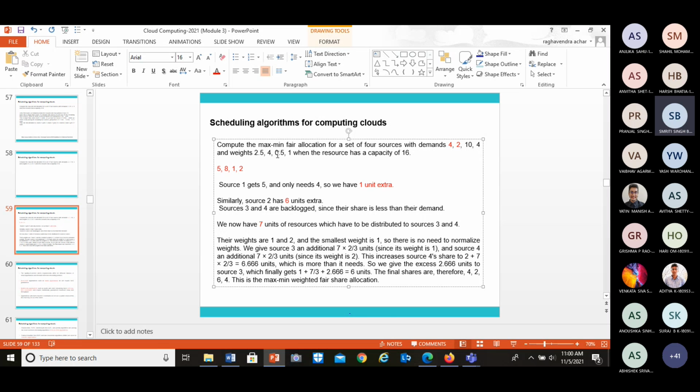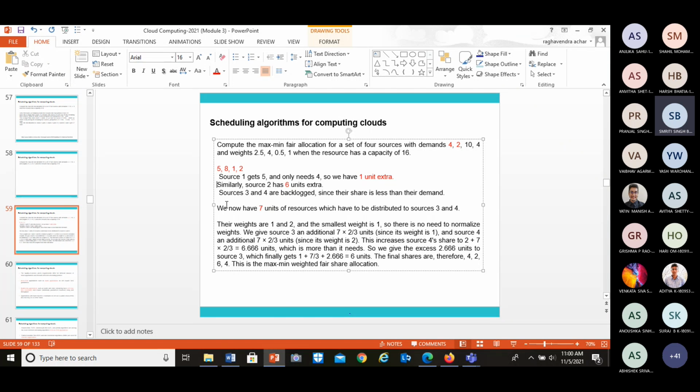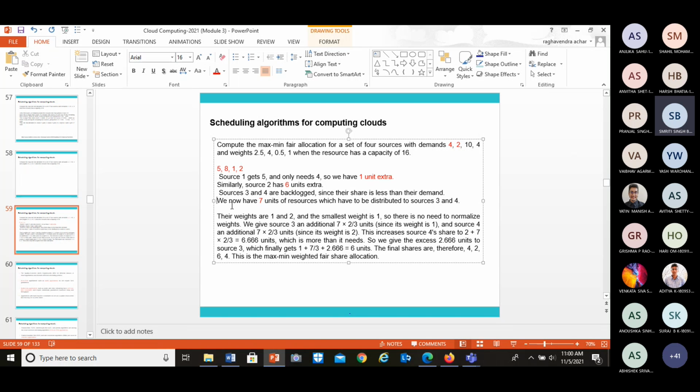Now what is the weight for these last two users? 0.5 and 1, a 1 is to 2 ratio. Right, so when you divide this according to the 1 is to 2 ratio, what will they get? 7 divided by... What are the values they're getting?